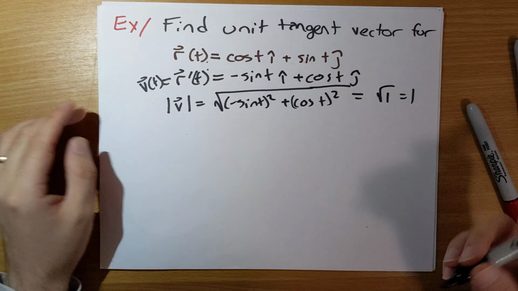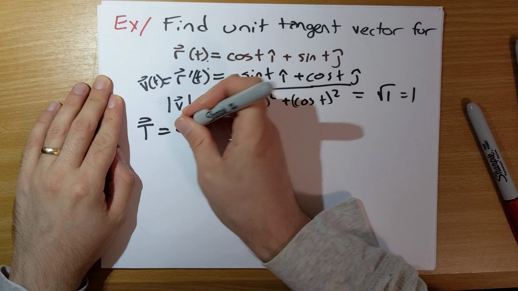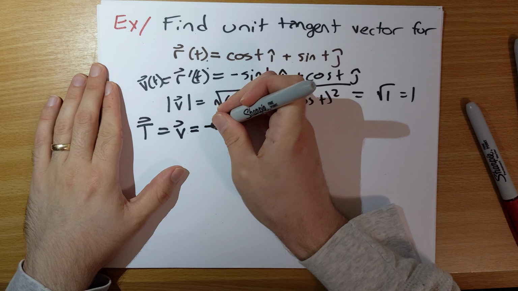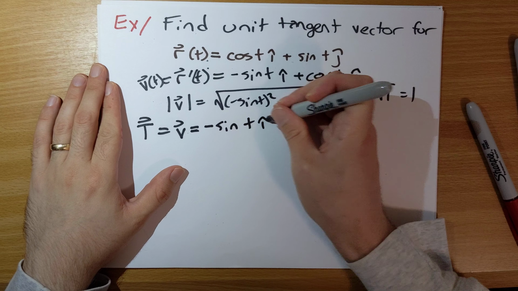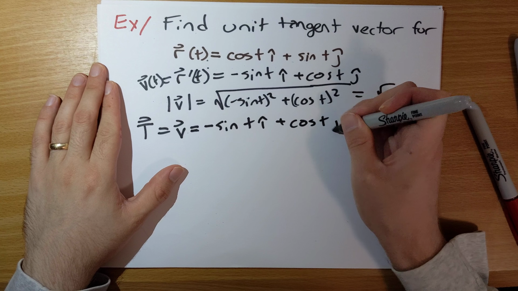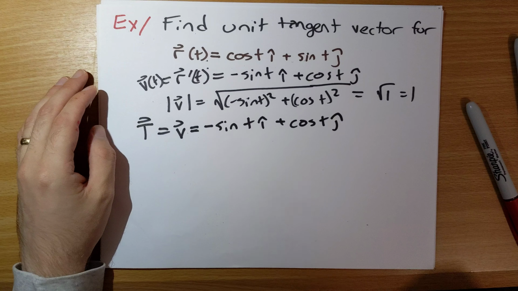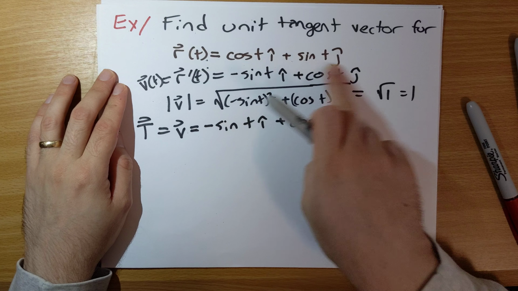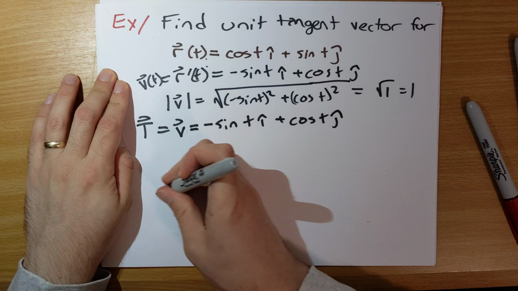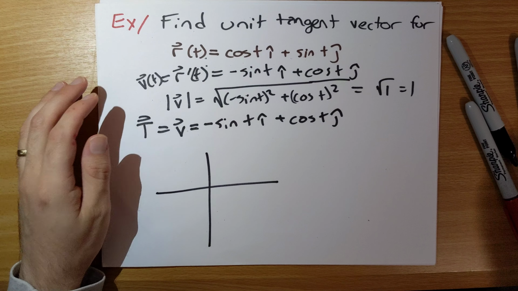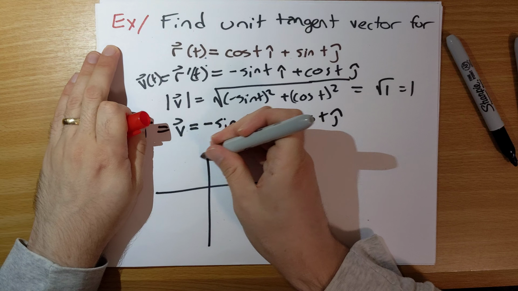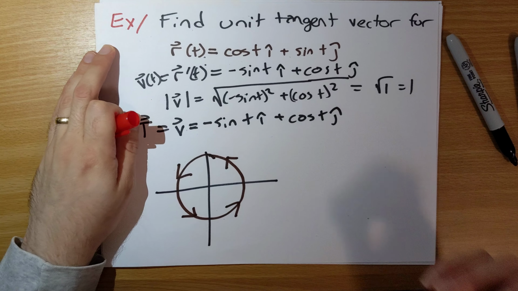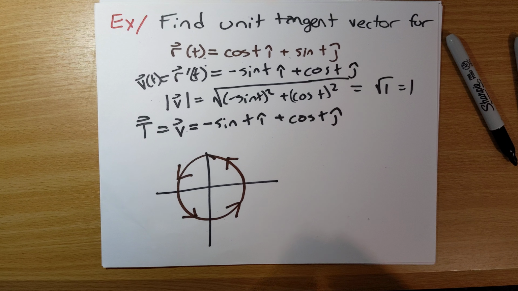And so our T is just simply v divided by 1. It's just v, which is negative sine t i hat plus cosine t j hat. What's going on pictorially here? Cosine t i hat plus sine t j hat means we are going around a unit circle.